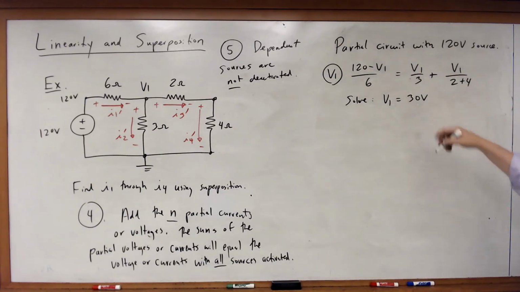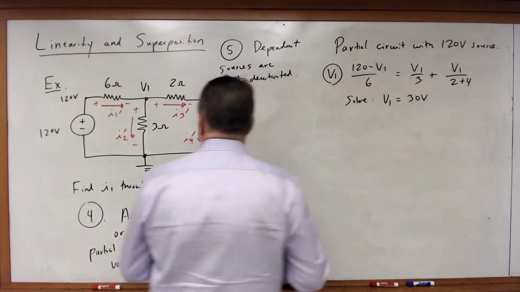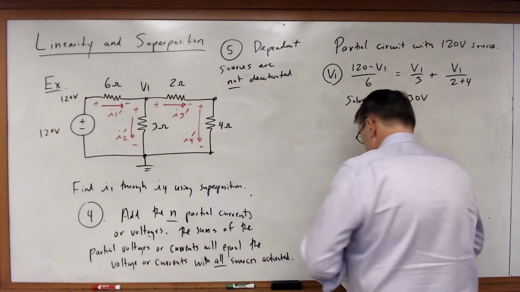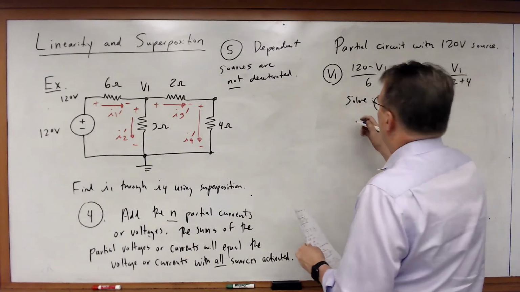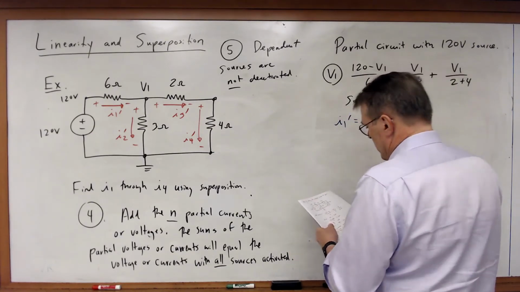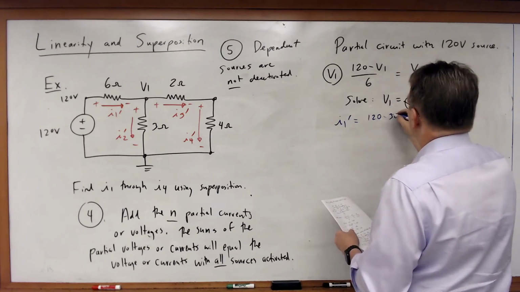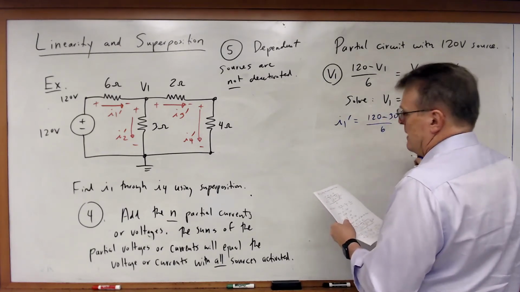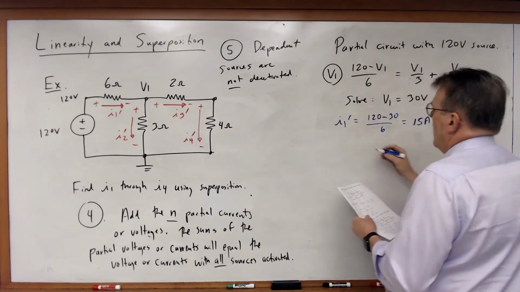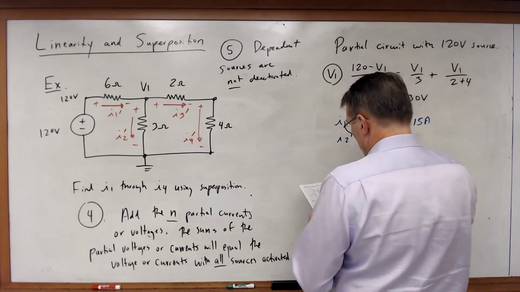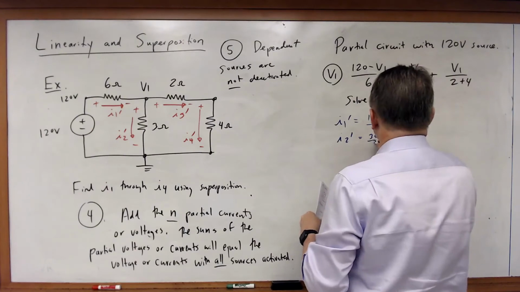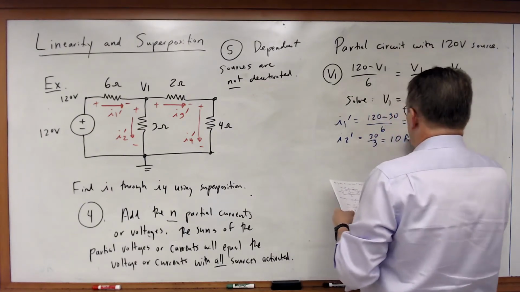And in this case, now that I've done that, once I have that node voltage, the currents are easily calculated. So now in this case, what I've got is that I1 prime is therefore equal to 120 minus 30 over 6, and that'll be equal to 15 amps. I2 prime will be equal to 30 over 3, which will be equal to 10 amps.